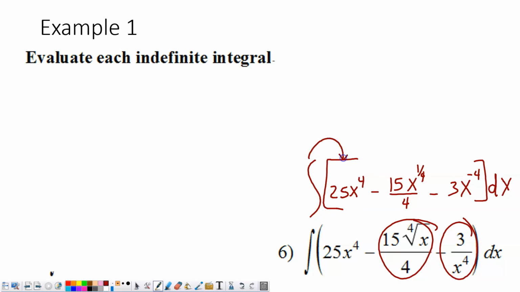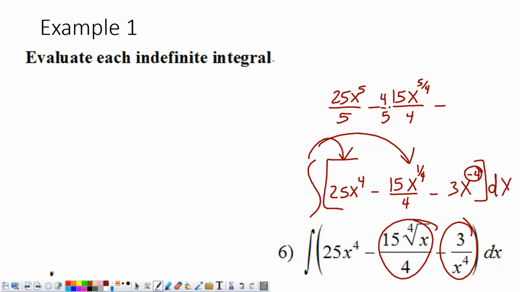So the integral of this thing will be 25x to the 5th over 5. The power rule of the next one will be 15x to the 5/4 over 4 times the reciprocal of the power. I gotta squish that in there. Minus, add 1 to the power for this guy, get x to the -3, and then we're going to divide by that number, -3. And remember, we went back to division for that one because it's not a fraction anymore.